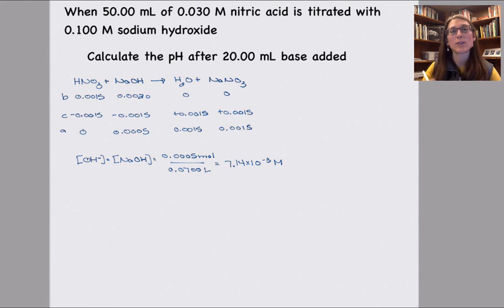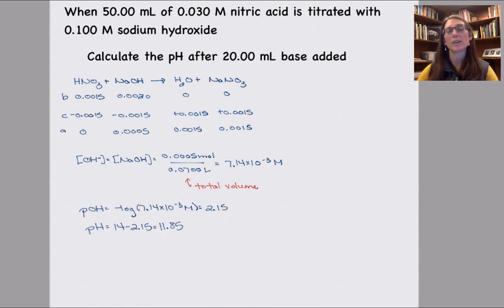Once again, please notice that we have taken the time to convert from moles of the base that were present to molarity by dividing by the total liters of solution. That's the volume of the initial acid that was present in the flask and the added sodium hydroxide. And once I know the concentration of hydroxide, I can calculate the pOH and the pH.